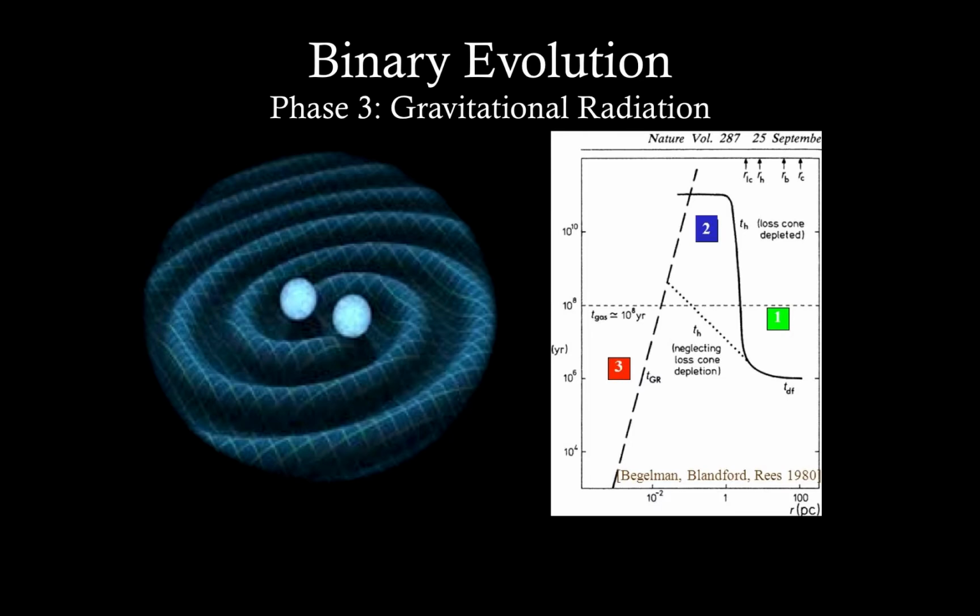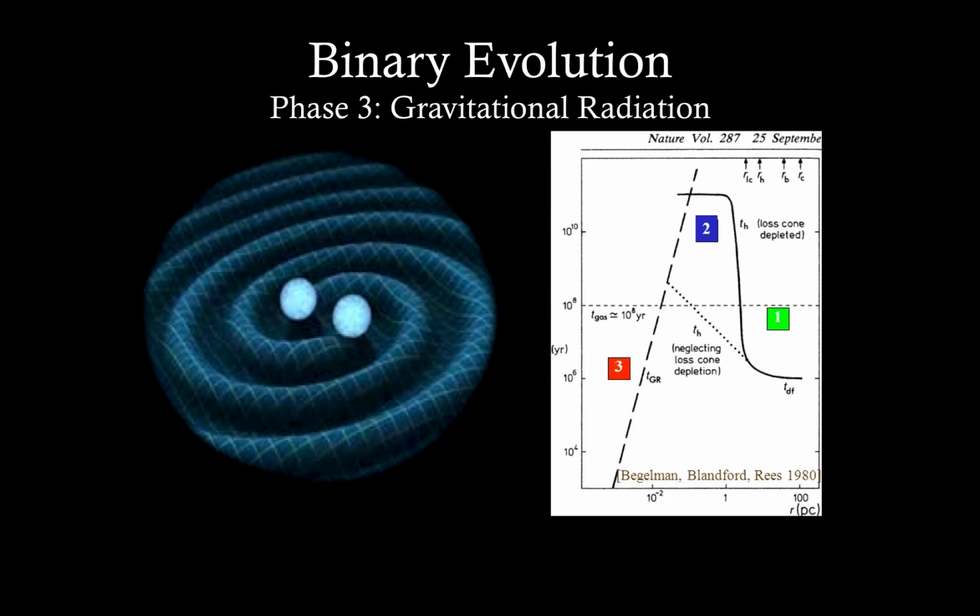In the plot that I just pulled up here, part 1 shows the dynamical friction time, part 2 shows this environmental coupling time, and part 3 shows gravitational radiation evolution.